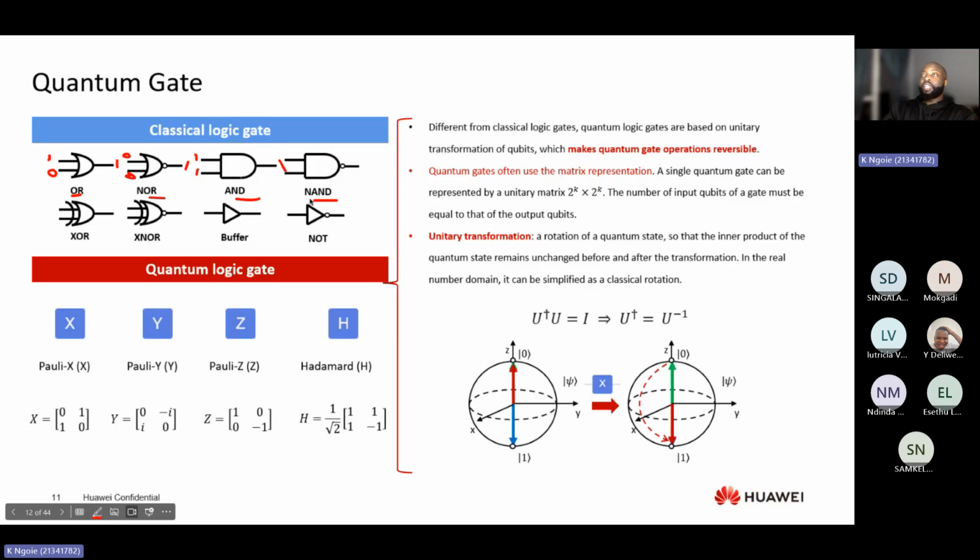Okay, and then the NAND will be the opposite of AND. So it means that it's a NOT AND, which means that the output is 0 if we have a 1 and a 1. Okay.